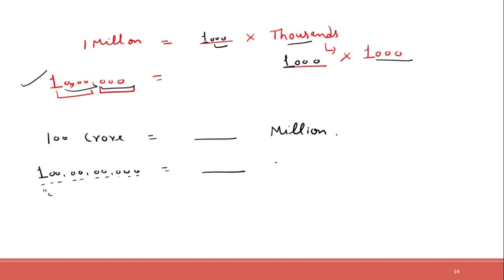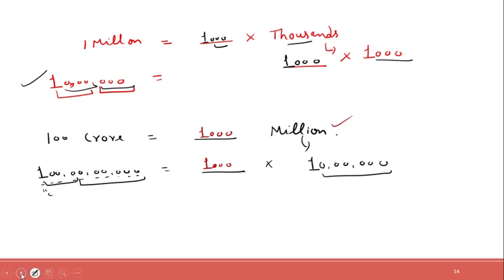Right? And if we write million here, how many zeros do we have? Here we have 6 zeros. So just separate 6 zeros here. If we separate 6 zeros, we are left with 3 zeros. So here we will write 1000. So 100 crore is equal to 1000 million. Getting it? I hope you got it now.